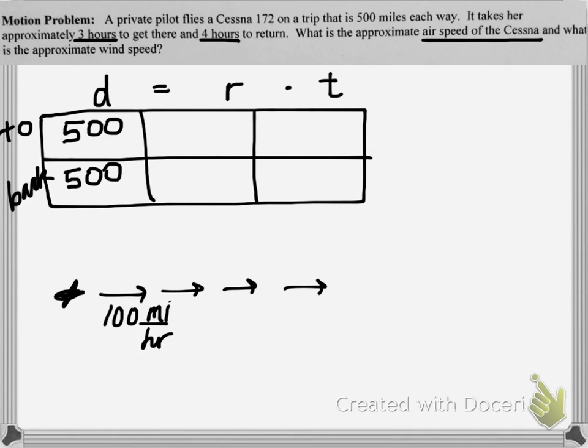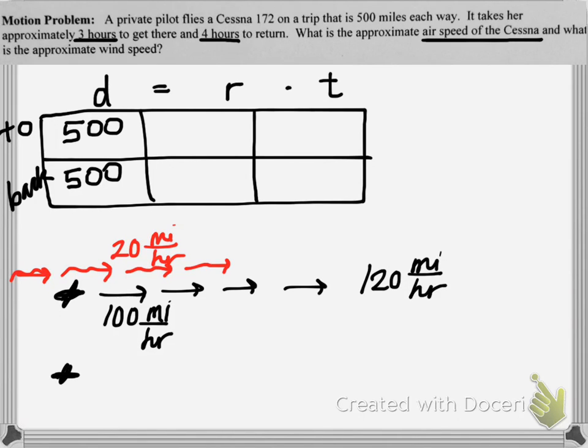So if you were in the situation where you had a tailwind, then the wind would be coming from behind the plane, pushing the plane. So the impact, of course, is that the plane is going to be traveling faster. So if the wind was 20 miles an hour, but it's coming from behind, a tailwind pushing the plane faster, then the actual speed of the plane would be 120 miles an hour.